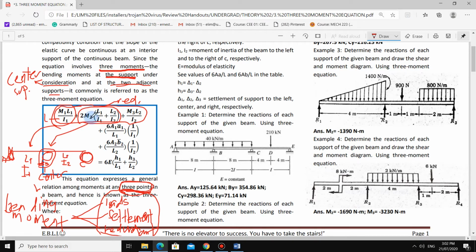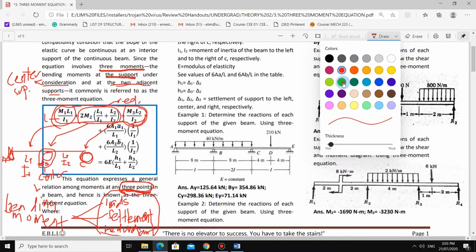Okay? Then lastly is the last term, M3, which is C, the moment generated by the redundant at the right side. So that is L3, and we have MC now. So that is the due to redundant.